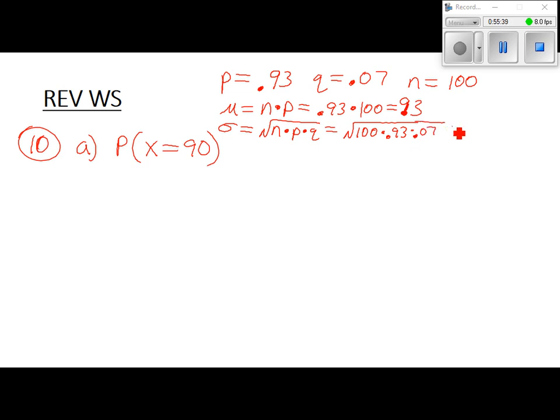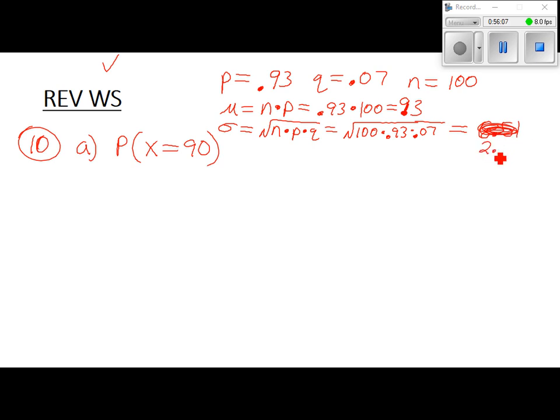What's that give us? I messed this whole problem up, and I'm going to explain it in a second. 6.51. Now what did I forget to do? I've got to take the square root of it.